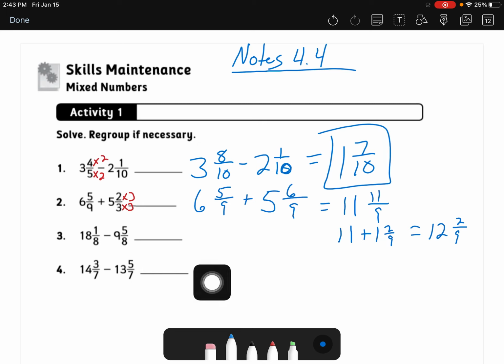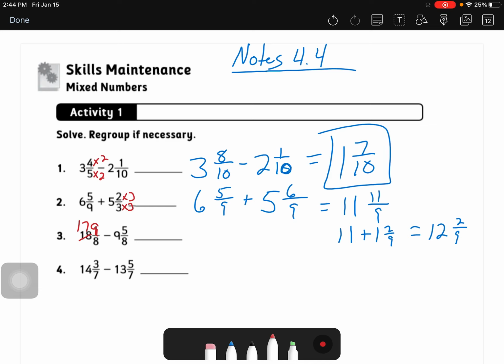Okay, next one. So in this problem, subtracting, we have common denominator, but remember, if the first fraction is smaller than the second, then we have to borrow. So I'm going to change that 18 to a 17, and then I'm going to add 8/8 to 1/8. I'll get 9/8. So I'm going to change that to a 9. So I've got 17 and 9/8.